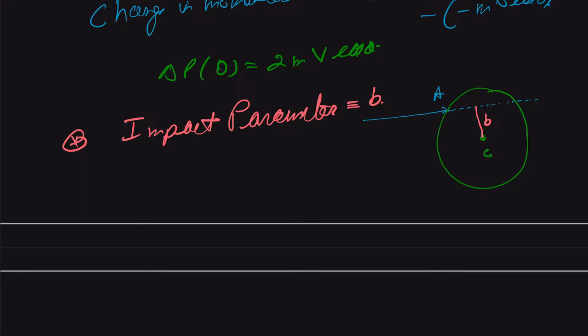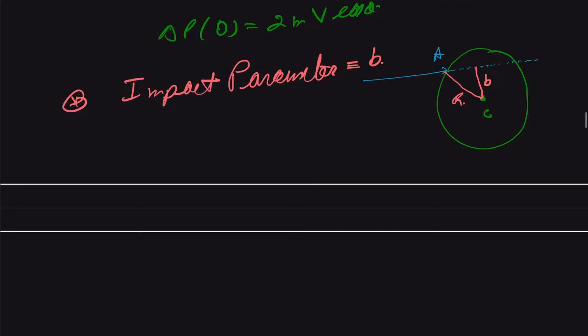And we know that if we join A and C, we are going to get the radius. All the particles for which b is less than R are going to actually hit the sphere. So for b less than or equal to R, particles hit the sphere.